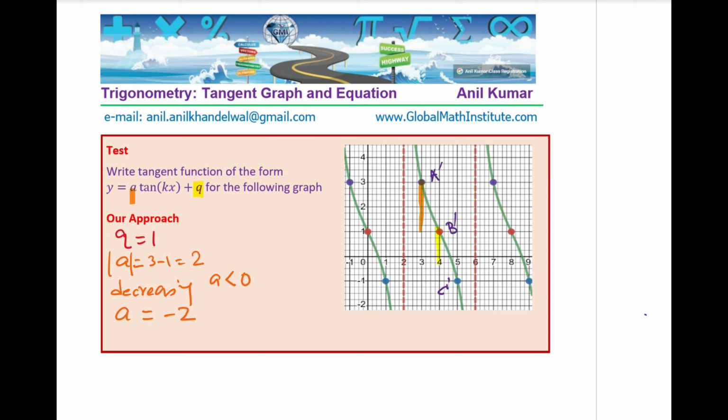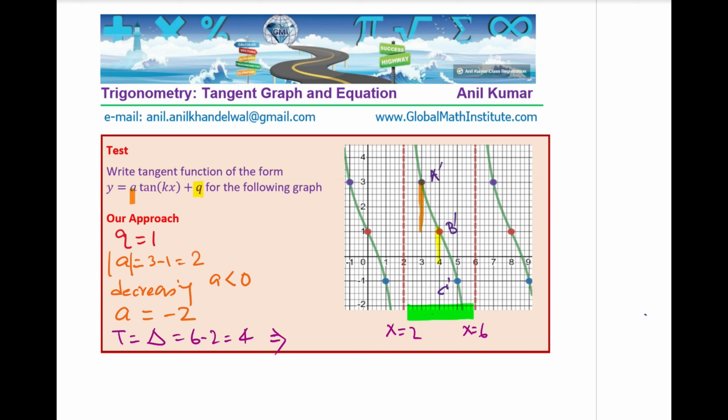For the value of k, we figure out the time period, for which we have to look at the vertical asymptotes. Now, in this case, one vertical asymptote is at 2, the other one is at 6. So the difference between them is the time period. So this delta value is basically 6 minus 2, which is 4.